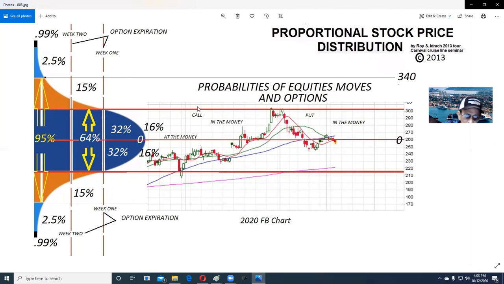As you can see, Facebook has been trading right about 260, right? This is where we set our line. This is our zero line here. This is the mean. We can say that Facebook can go 32% up or 32% down from this point, and this is how we get that 64%, okay?